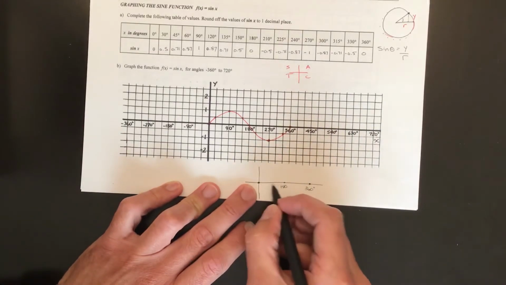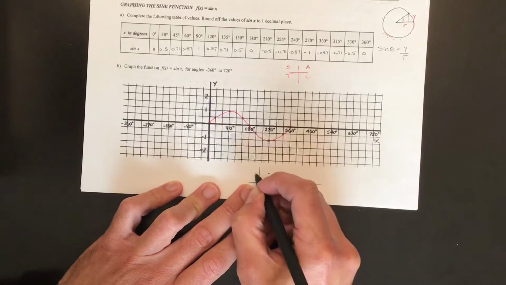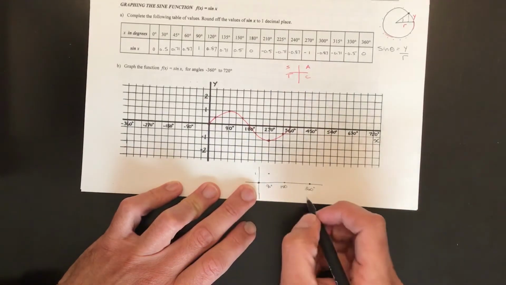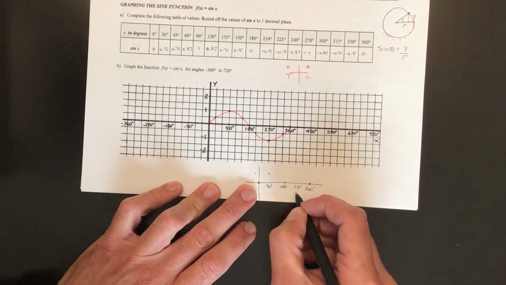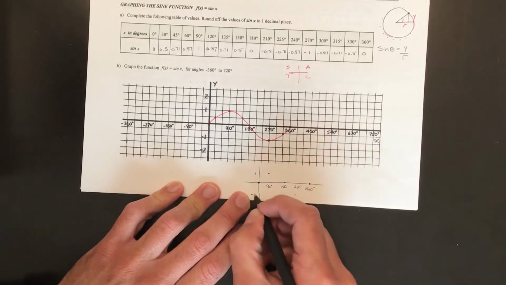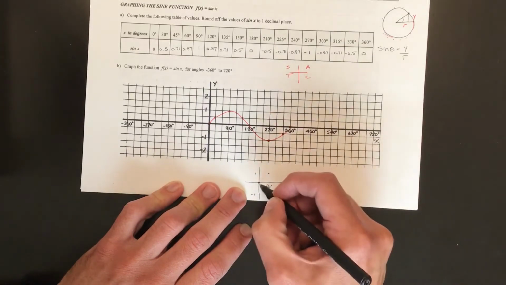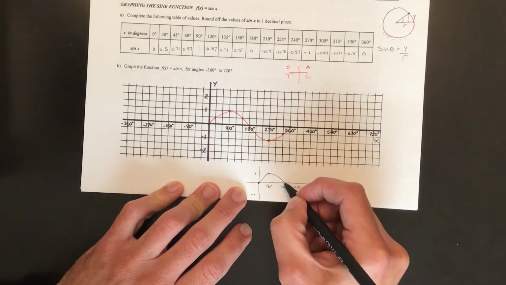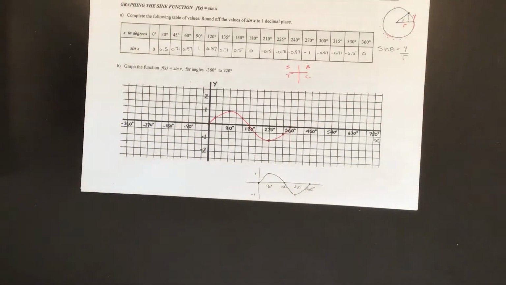Then between 0 and 180, we find the middle, which is 90. You put a dot at 1. Then between 180 and 360, which is at 270, you put a dot at -1. So first dot, second dot, third dot, fourth dot, fifth dot, and that gives us our sine curve, those 5 points at 90, 180, 270, and 360.